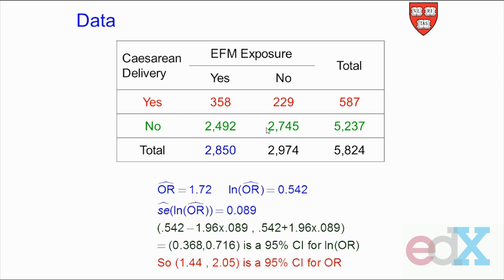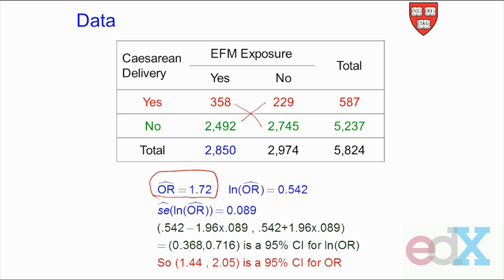So, for example, if we go back to our electronic fetal monitoring, exposure and C-section, remember we found that the p-value was extremely small for this, and we said, oh, there's a relationship here. Well, if we do 358 times 2745 and divide that by 229 times 2492, we get that the odds ratio is 1.72.